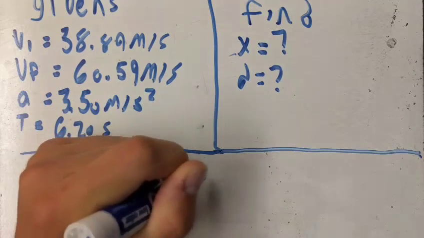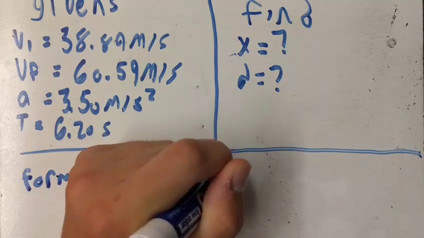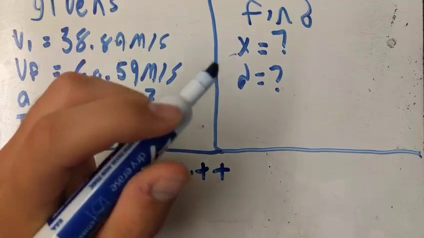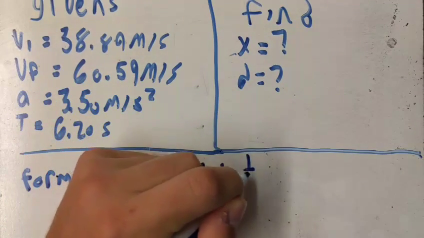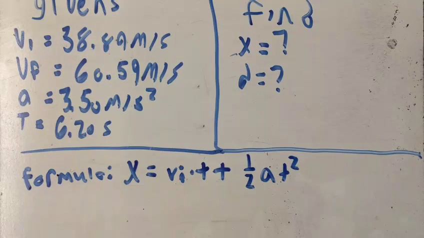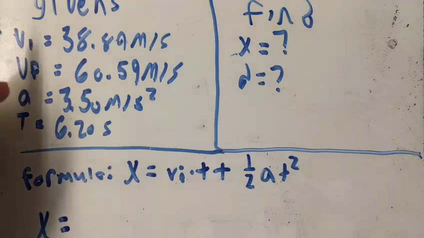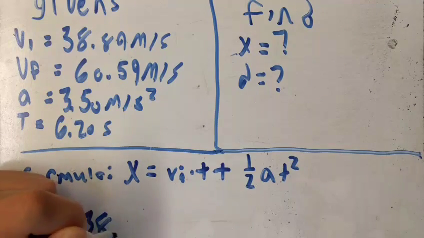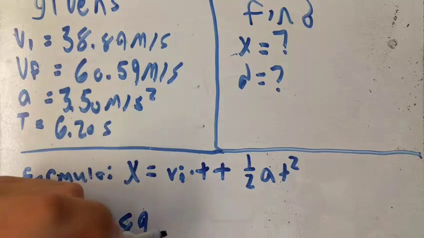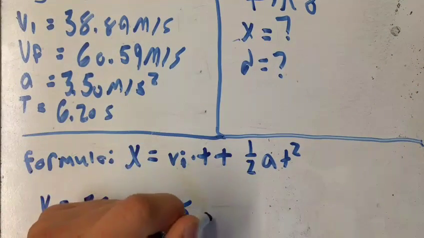X is equal to velocity initial times time plus 1/2 at squared. So now that we have our formula and all of our givens, we can just plug it in and get our answer. So X is equal to our velocity initial of 38.89 meters per second multiplied by our time of 6.2 seconds.